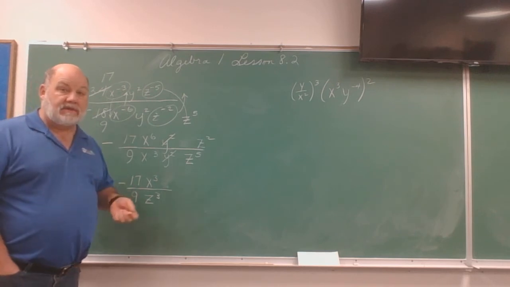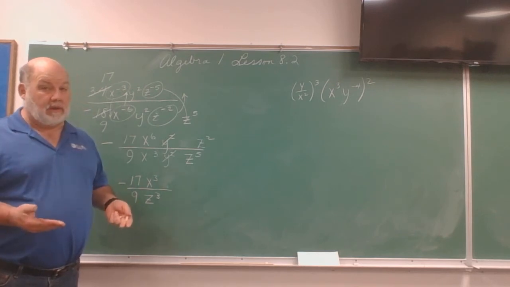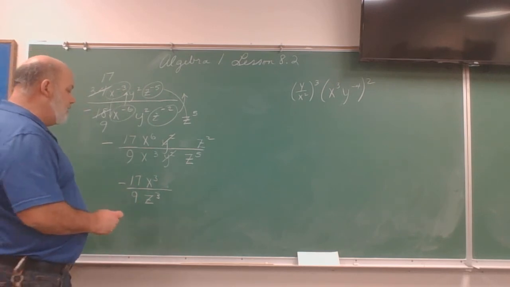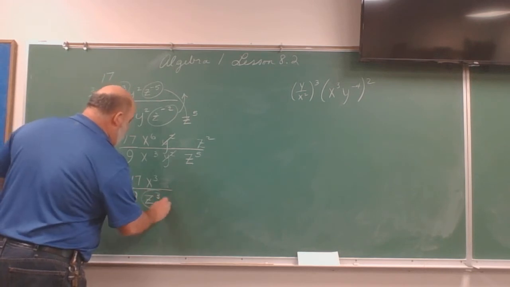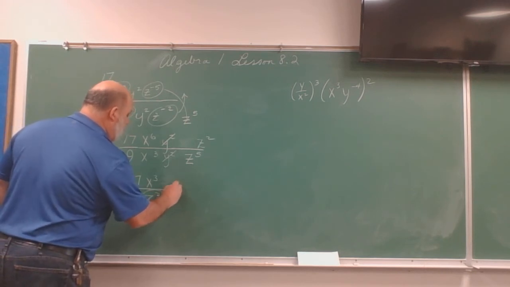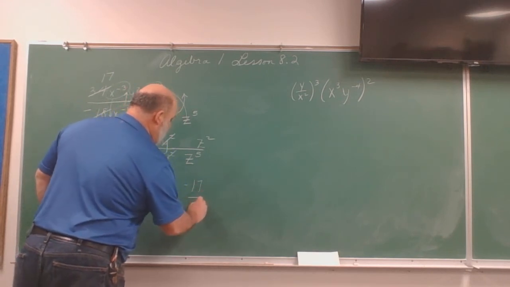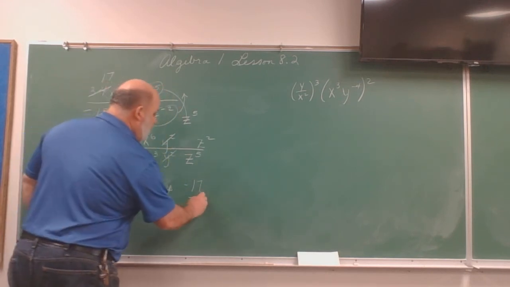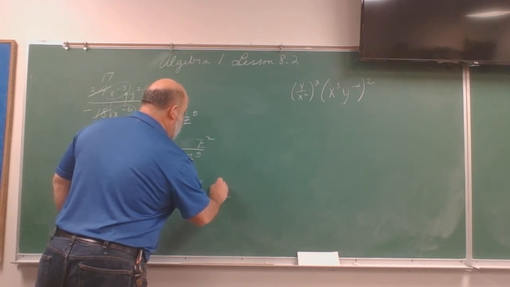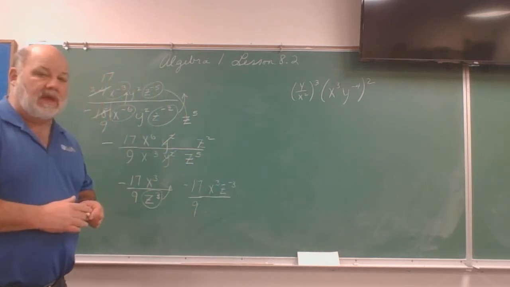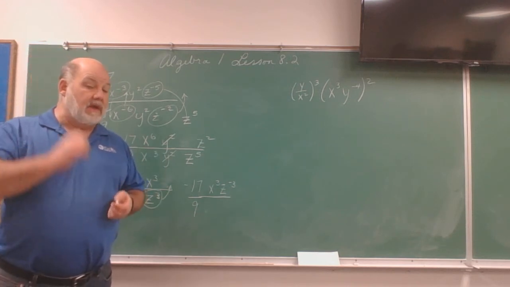If it had said have everything in the numerator, which they will say, that means that this z cubed would come up and become z negative 3. So we would have negative 17 over 9 x cubed z negative 3. That is if they said all exponents in the numerator.